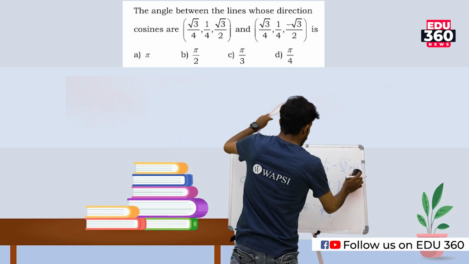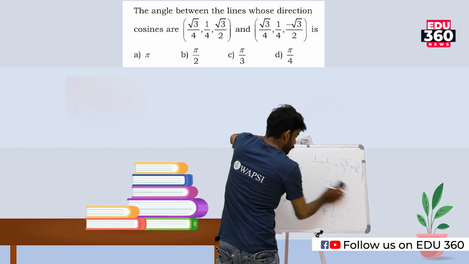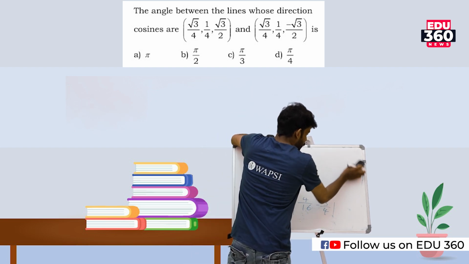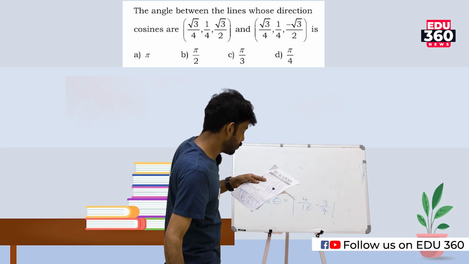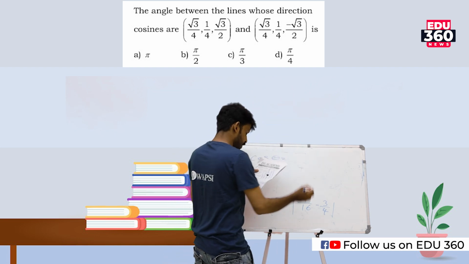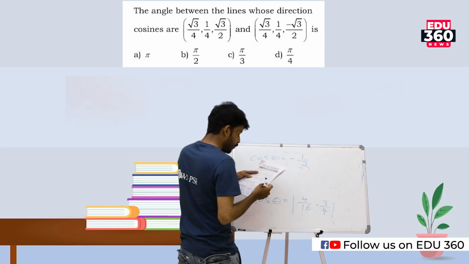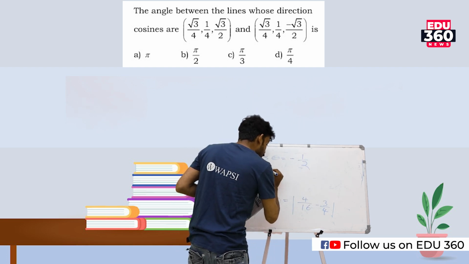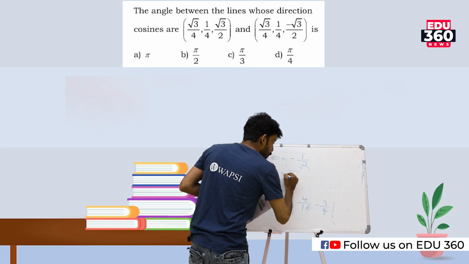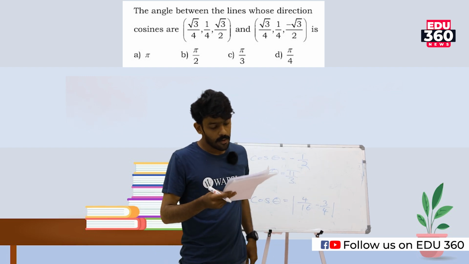The final answer is cos theta equal to minus 1 by 2, so the value is theta equal to pi by 3.